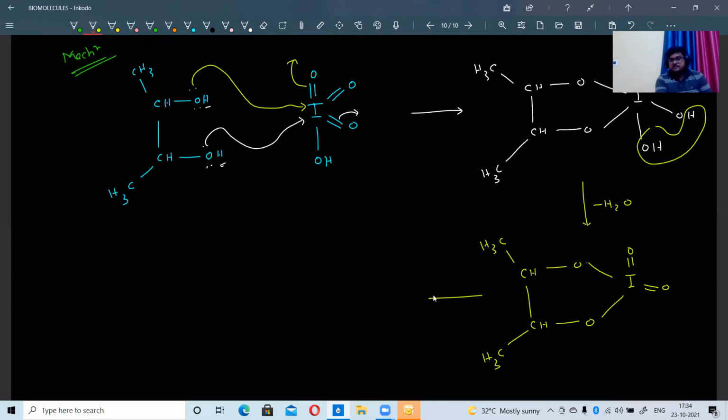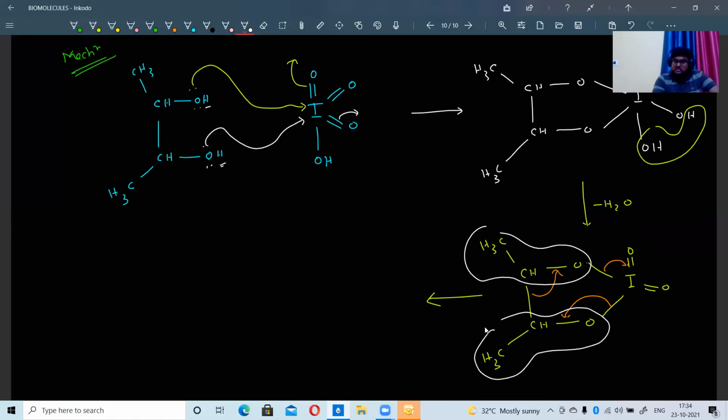Now, in the next step, this bond comes here, this bond comes here, this bond comes here. So what you get actually contains double bonded O. This one is also double bonded O, and this stuff becomes HIO3. Is it clear? Any doubt regarding this?